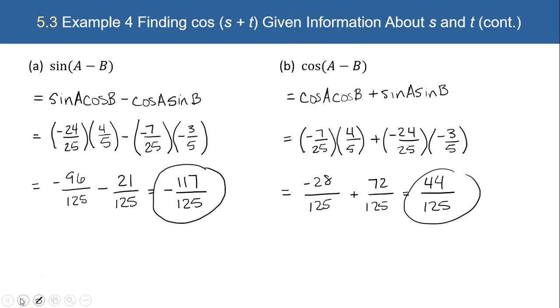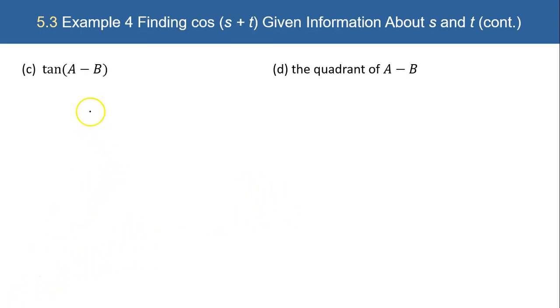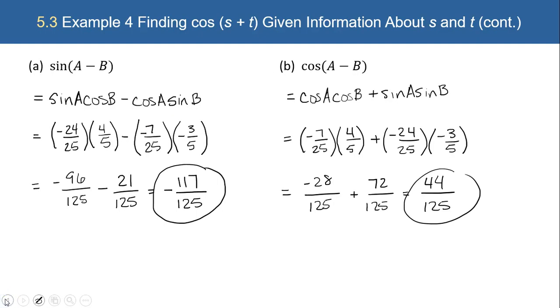Okay, so let's do that. It's on the next page. Tangent of A minus B, like I said, is equal to sine of A minus B over cosine of A minus B. And we found those values to be, let's see, sine of A minus B is negative 117 over 125.